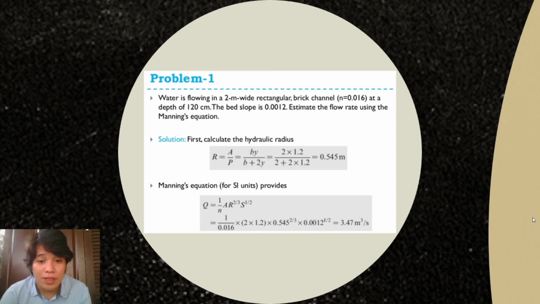The perimeter is b plus 2y, and we came up with an answer of 0.545 meters. By using Manning's equation for finding the flow rate, Q is equal to 1 over n times A R to the 2/3 times S to the 1/2. So we get the answer of 3.47.